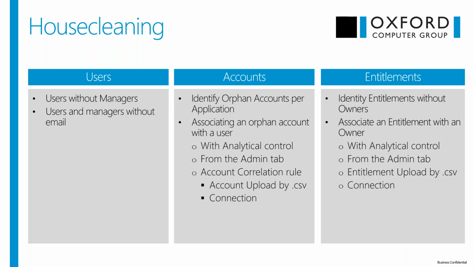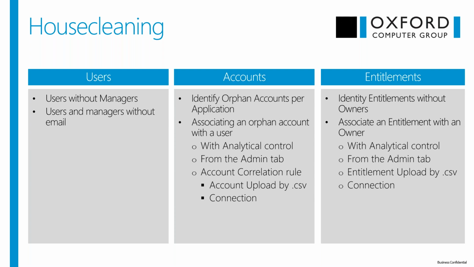So for users, we are going to look at a couple of analytics later in the webinar, and we'll show that to you. But for users, I always like to look for users without managers because, again, what we're going to go over shortly here is campaign communications and just in general, providing user manager campaigns.